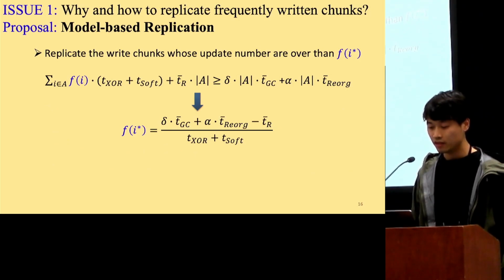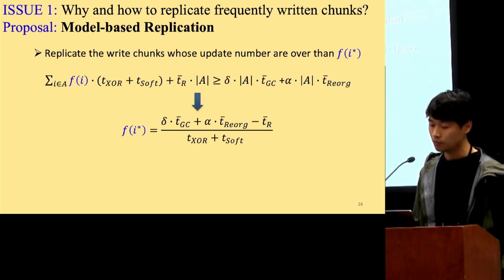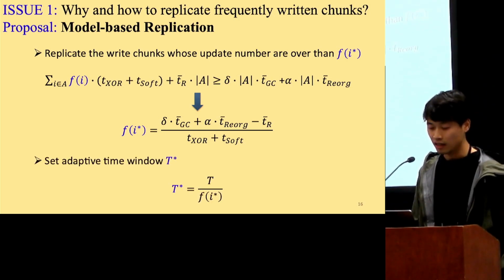If the benefit is over the cost, we can get the equation of the Fi star, that is the threshold of replicating the chunks. Furthermore, to set a more suitable time window, we introduce the T star, which is T divided by the Fi star.